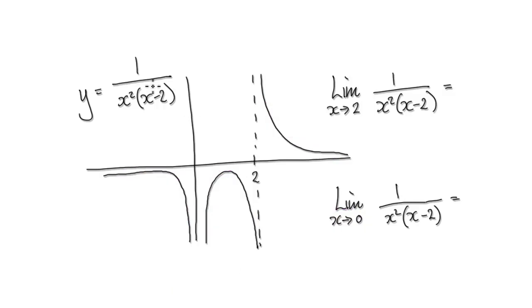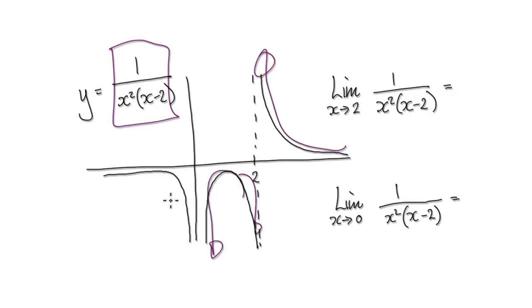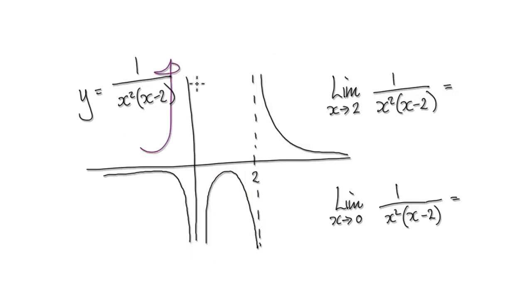So given a random rational function, how can you tell if one shoots up, one shoots down, or if they both shoot down in the same direction? Sometimes they both shoot up in the same direction. So given a random rational function, how can you tell?